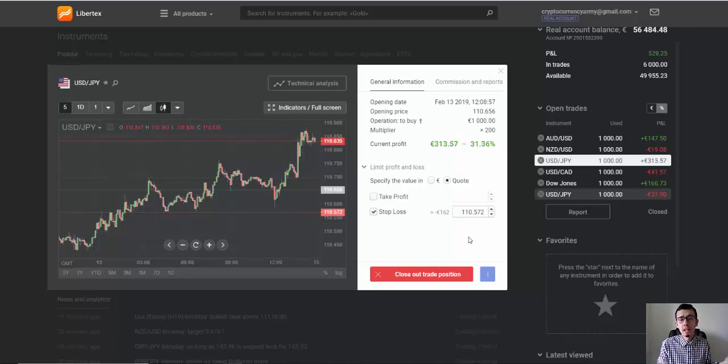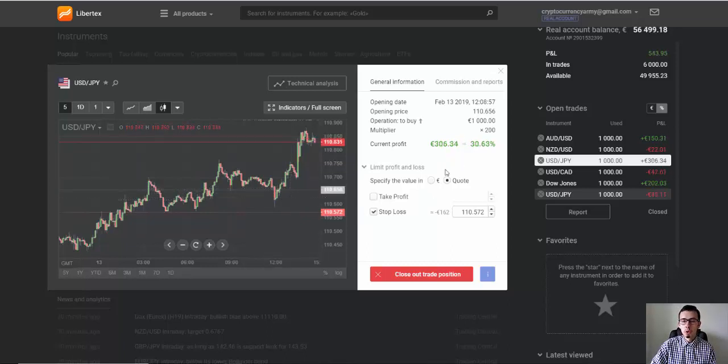So if I place a buy trade here, then I know that my stop loss should be the next support, which would be around this area. But there is a question of how to calculate it, so I'm going to show you how to do it.